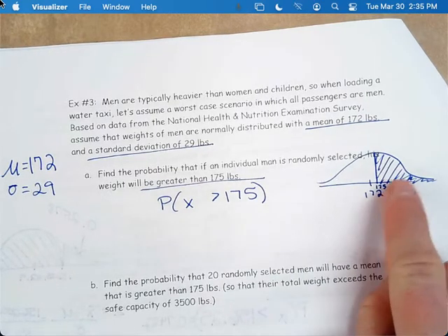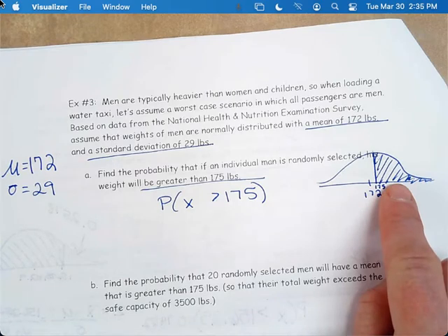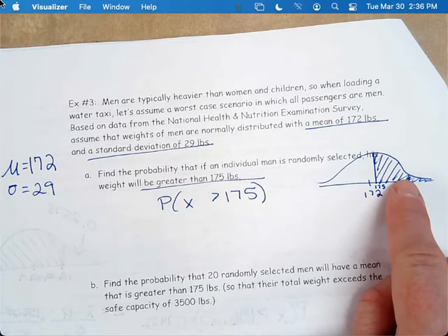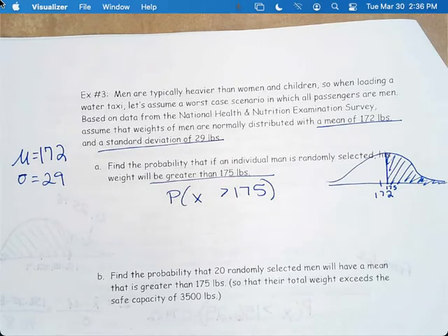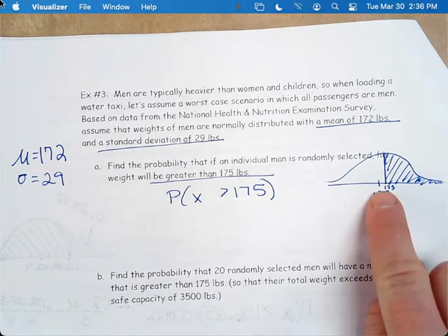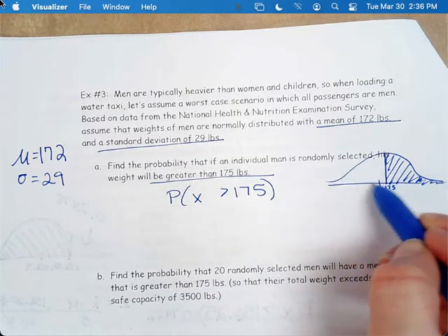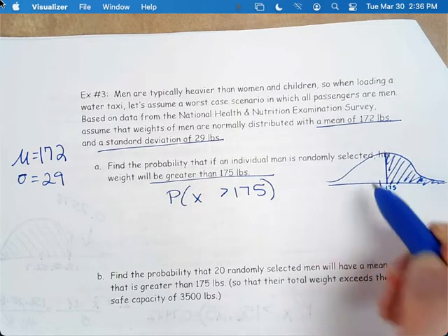Is this going to be more or less than 0.5? The area from 172 to infinity is going to be more than 0.5 because it's past our mean. So what we're going to have to do is find this area and then subtract it from 1.